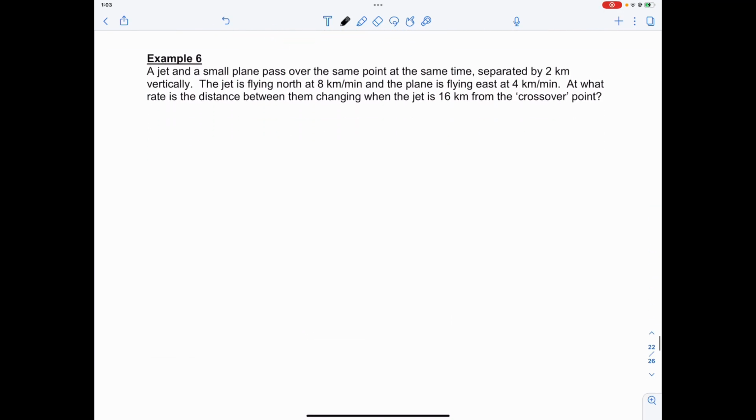Okay, let's take a look at one last example. A jet and a small plane pass over the same point at the same time, and they are separated by 2 kilometers.